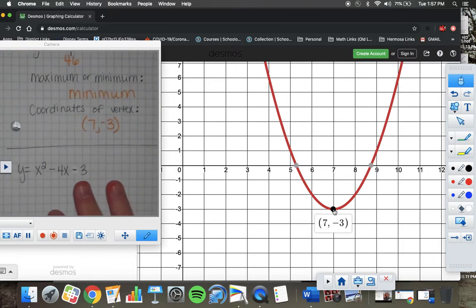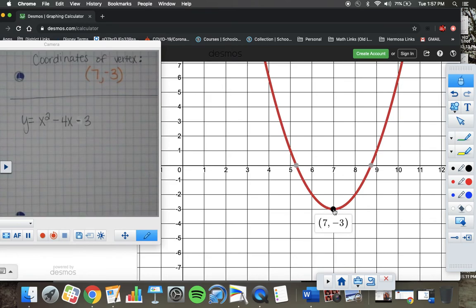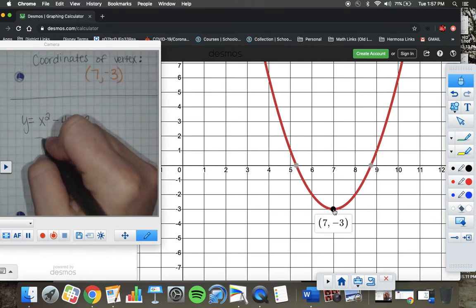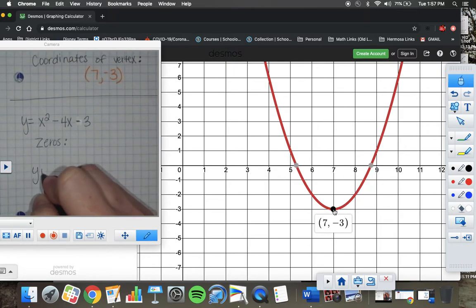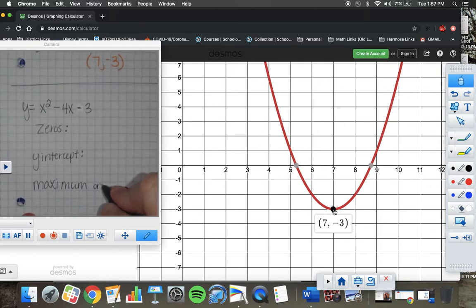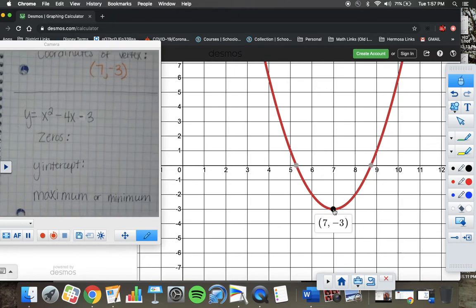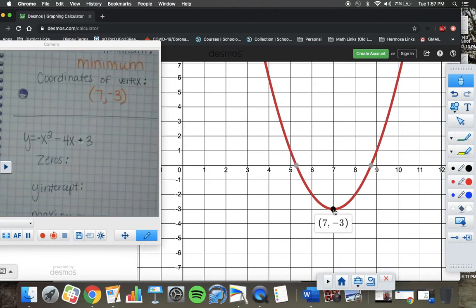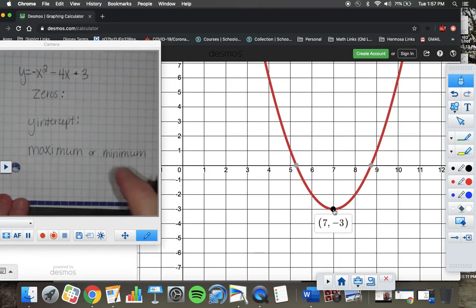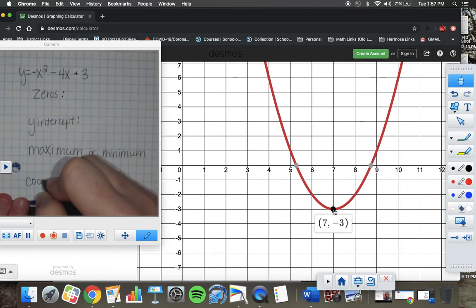Okay? All right, so let's do another example and find the same things that you need to find on the assignment. So zeros, y-intercept, maximum or minimum. And actually, I'm going to change this problem real quick. I'm going to put negative x squared and positive 3, just because I want to have something different than the last one.